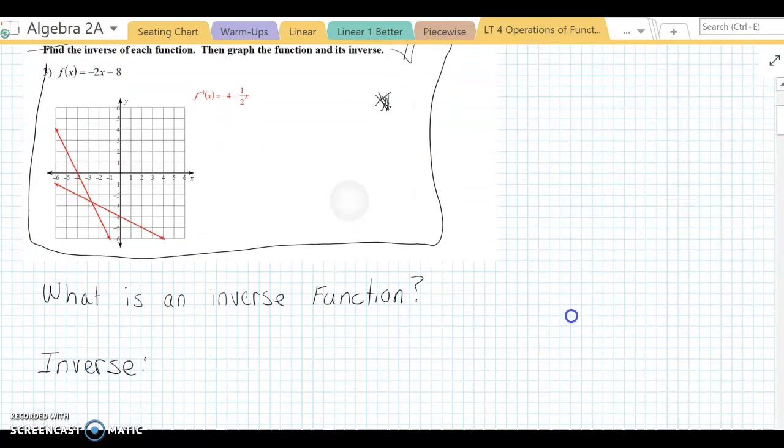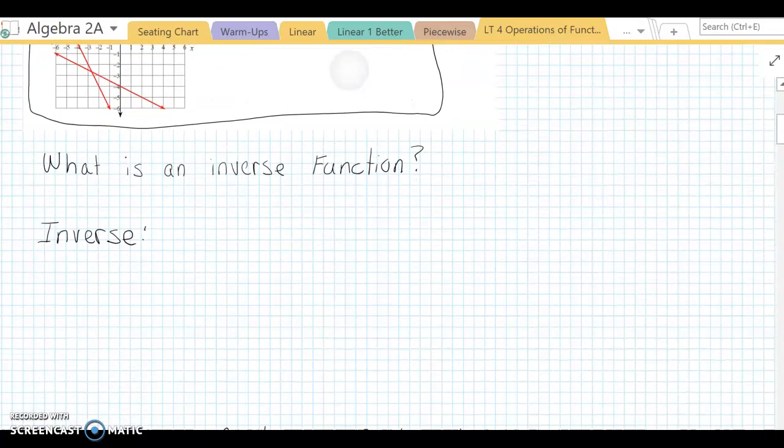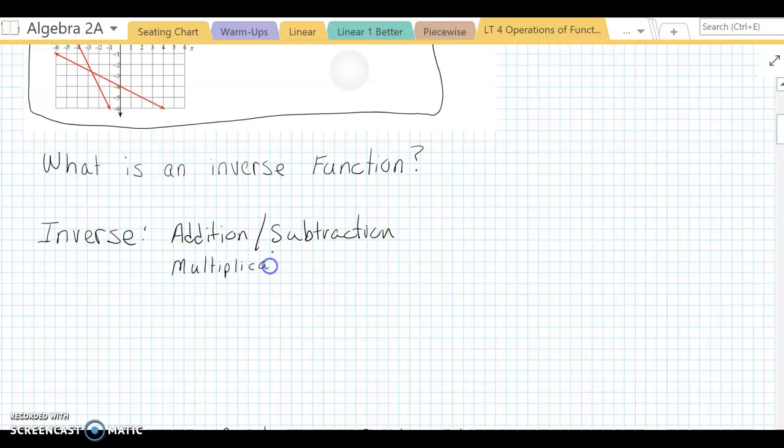First thing we have to know is what the heck is an inverse function? So before we get to inverse functions, let's get to inverses. Addition and subtraction are inverse operations. Of course, multiplication and division are inverse operations.